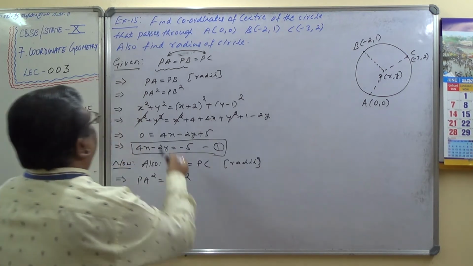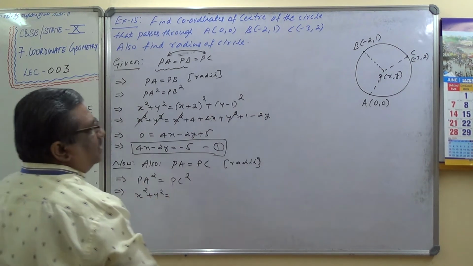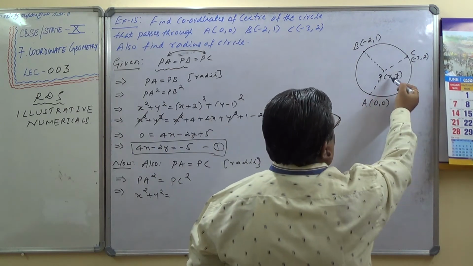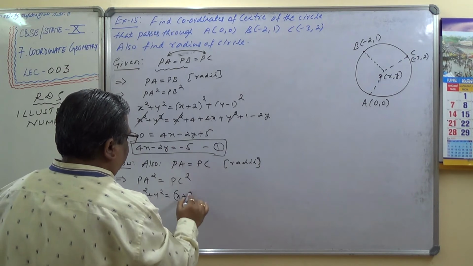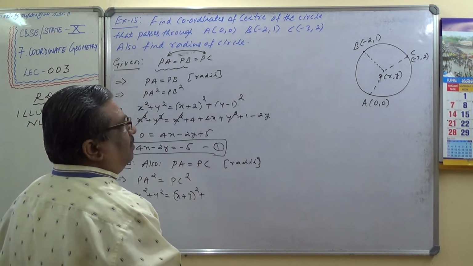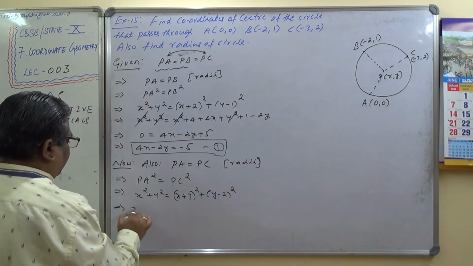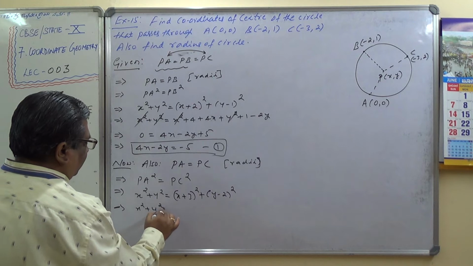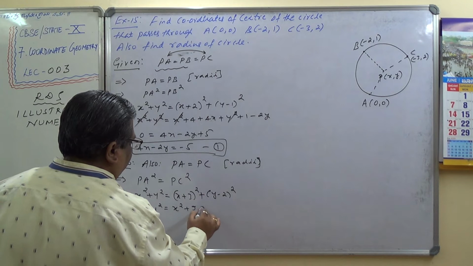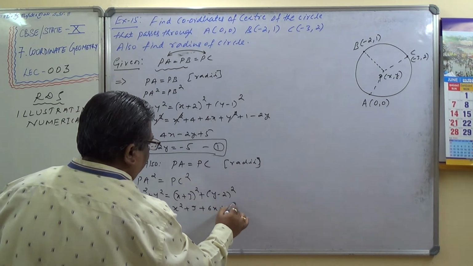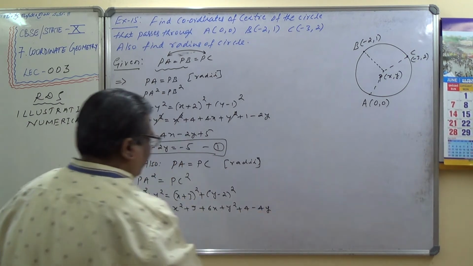PA square here itself, x square plus y square, PC square, x minus of minus 3, x plus 3 the whole square plus y minus 2 the whole square, x square plus y square equals x square plus 9 plus 6x plus y square plus 4 minus 4y.